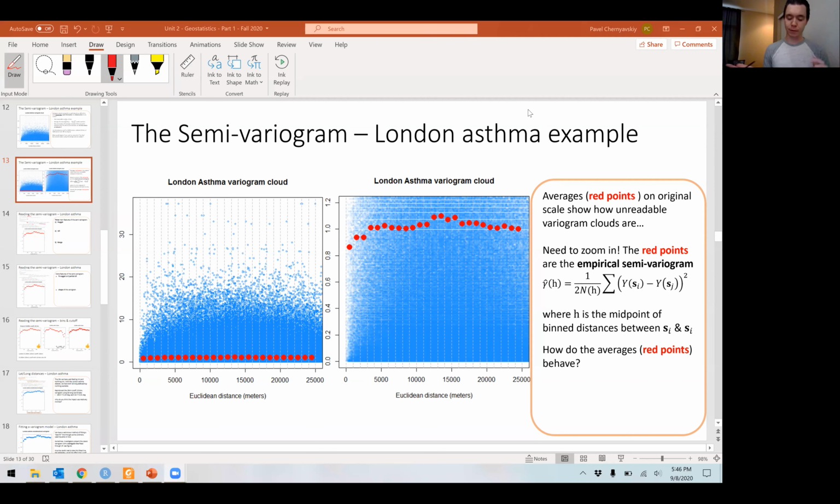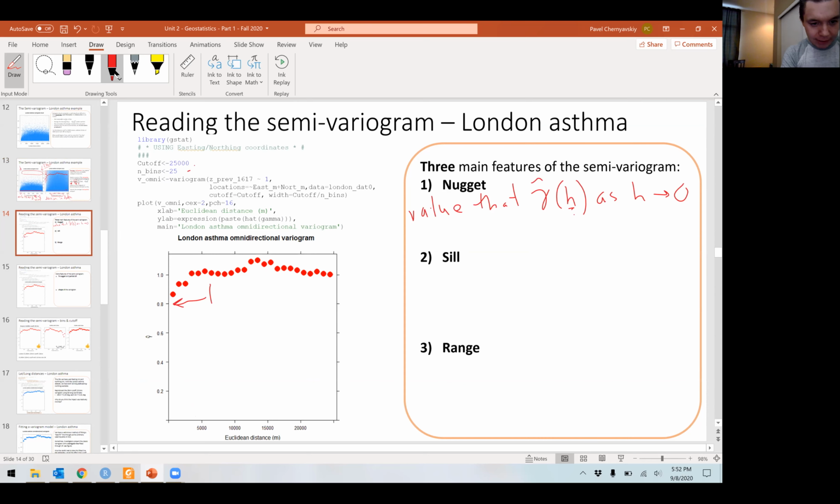If you recall, the distance matrix can either be a D or an h. I don't know why, but these h's are just the distances, interpoint distances. So the nugget is the value that our variogram approaches as h becomes closer to 0. As our distances get closer and closer to 0, our variogram is approaching what looks to be approximately 0.8.